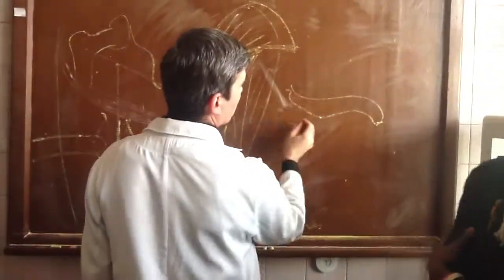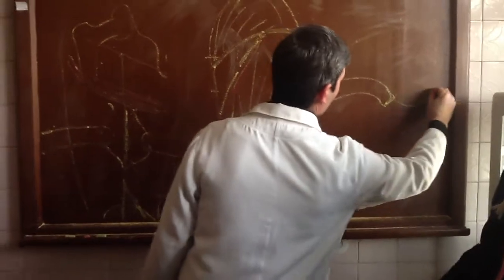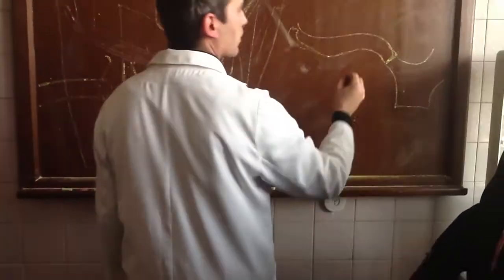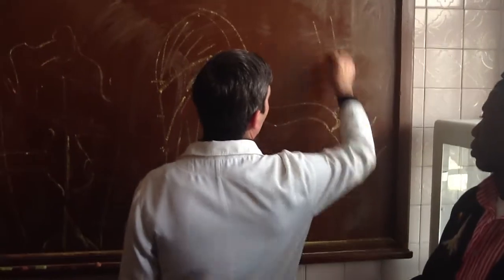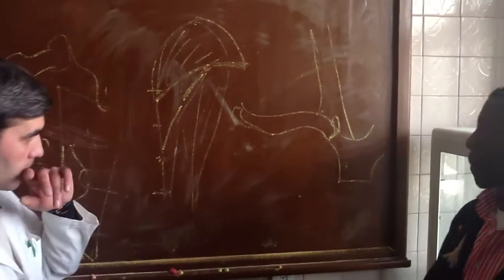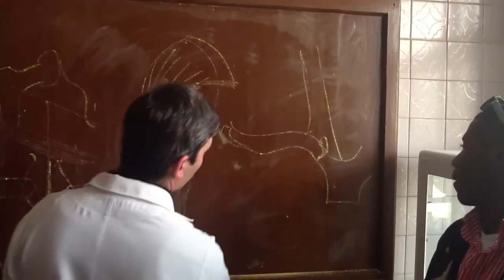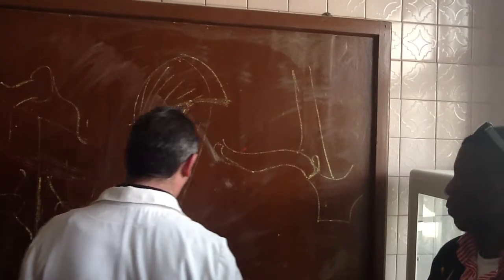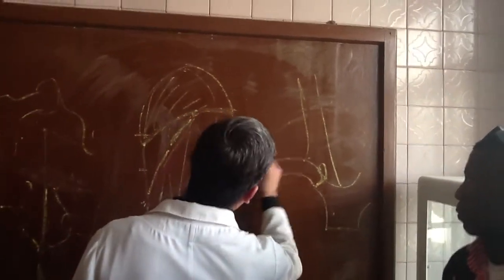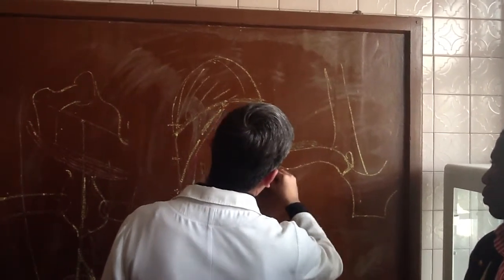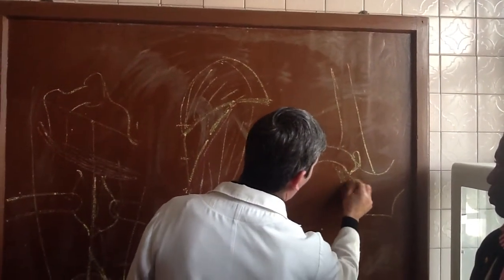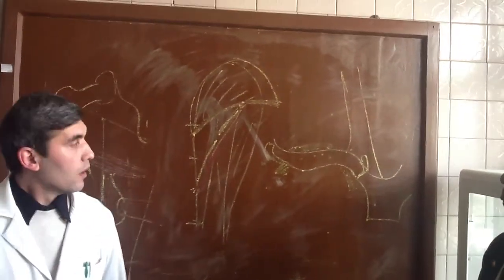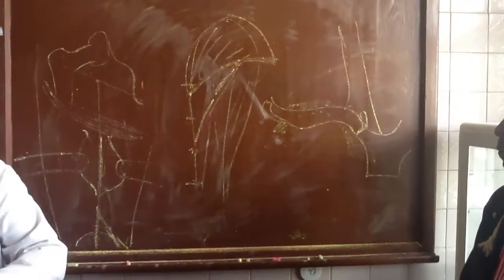Well, how is it performed? The subclavian vein is situated just behind the clavicle.